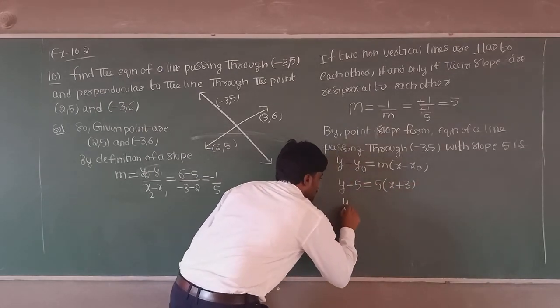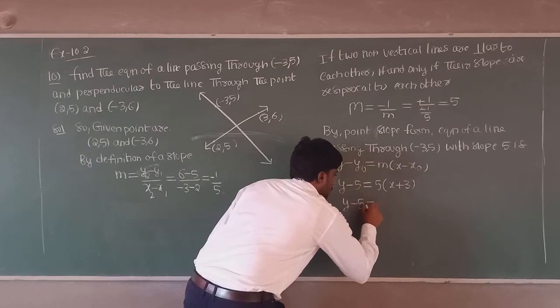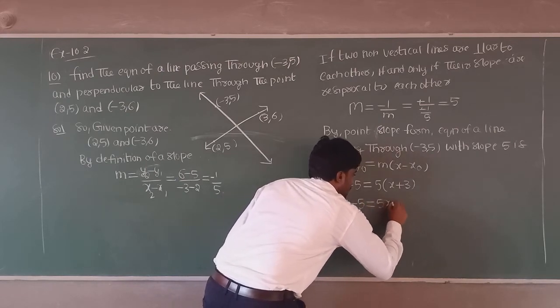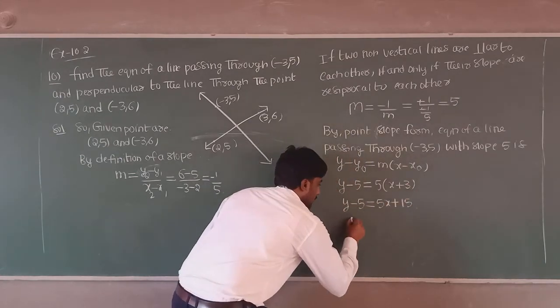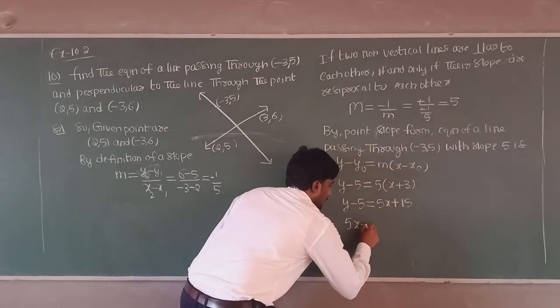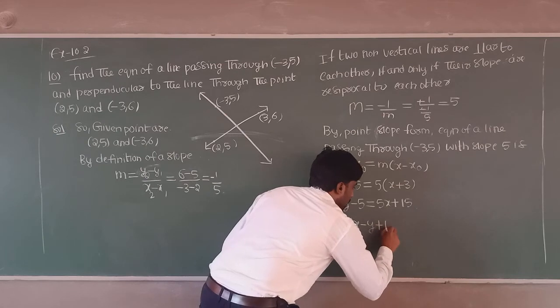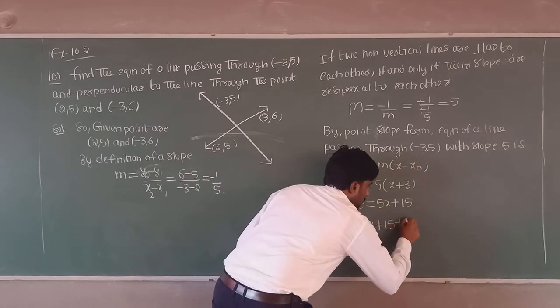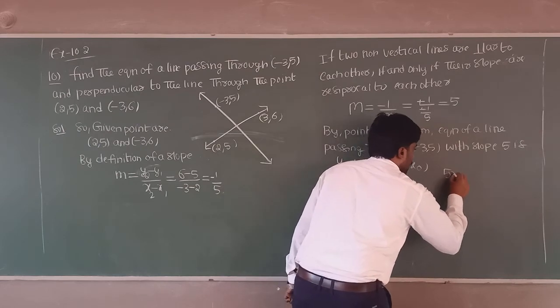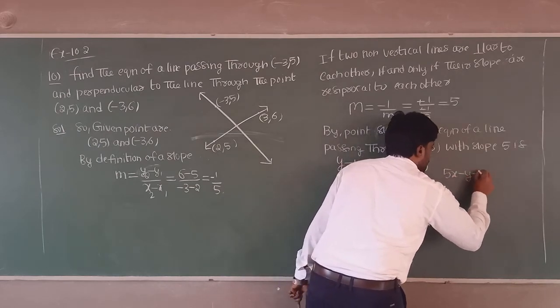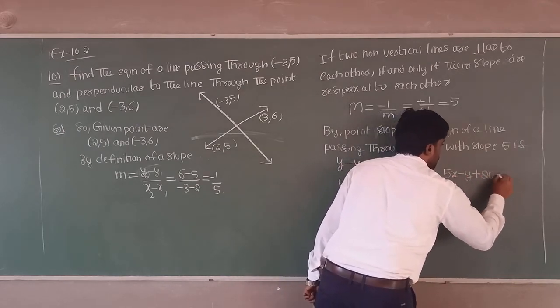So if I simplify, y minus 5 equal to 5x plus 15. If I shift everything to that side, what I will get? 5x minus y plus 15 plus 5 equal to 0. So finally I will get the equation 5x minus y plus 20 equal to 0.